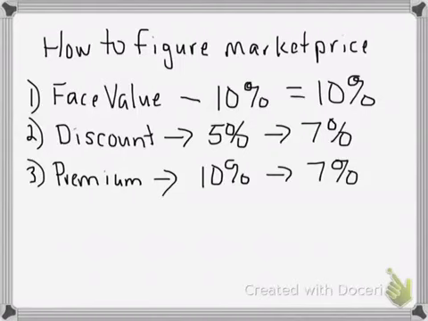Because everybody wants that higher interest rate to be paid to them. So in this case, we would actually have a premium, and we would charge more for our bond because our stated interest rate is higher than what somebody could get out in the marketplace.